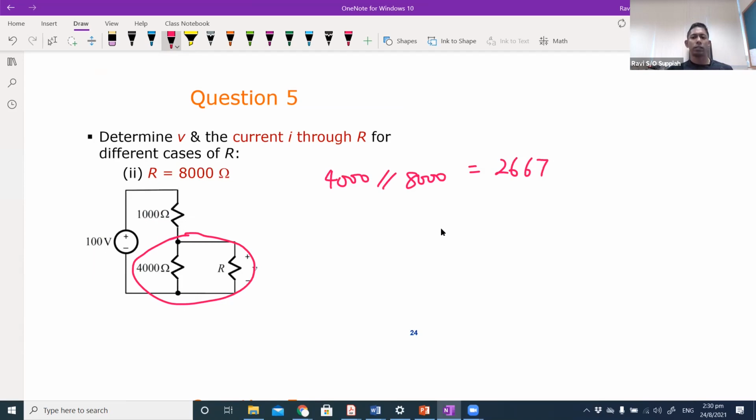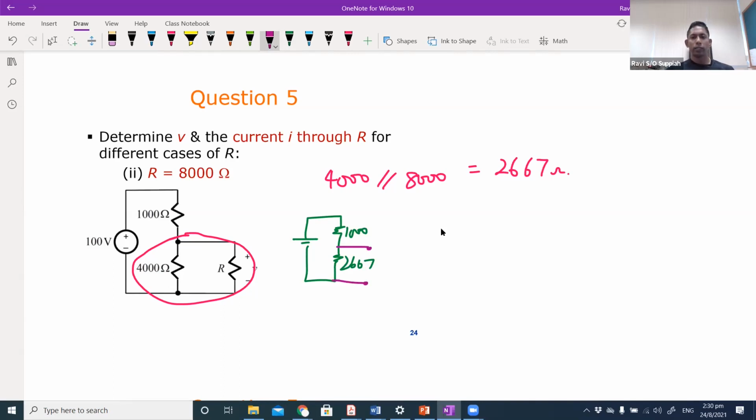All this calculation you should know how to do, the parallel, series, all this thing. So if this is 2667, then your circuit becomes like this: one resistor here, another resistor here, where this is 1,000 ohms and this is 2667 ohms.